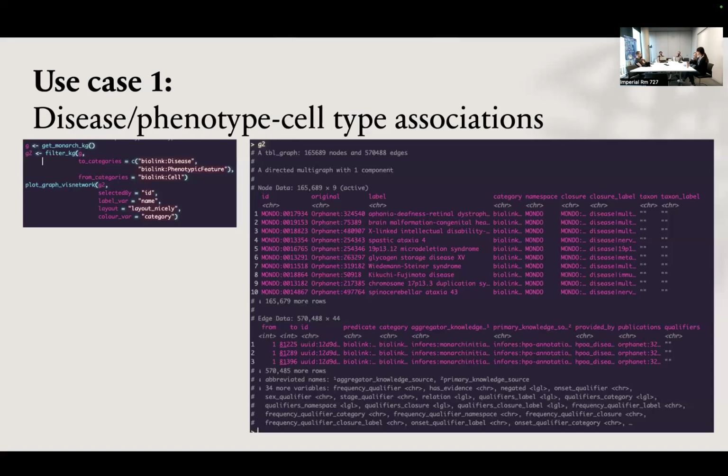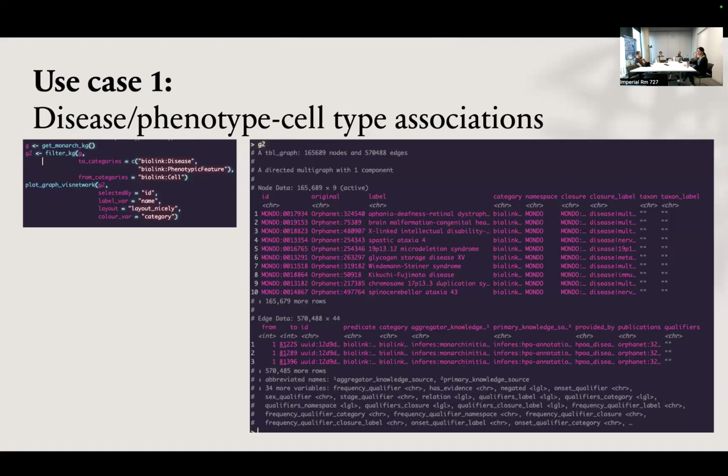And it has a lot of functions for getting ontologies, getting knowledge graphs, filtering knowledge graphs, visualizing them, and just doing a lot of the work for you so you don't have to worry about all the nitty-gritty of getting all this information organized.